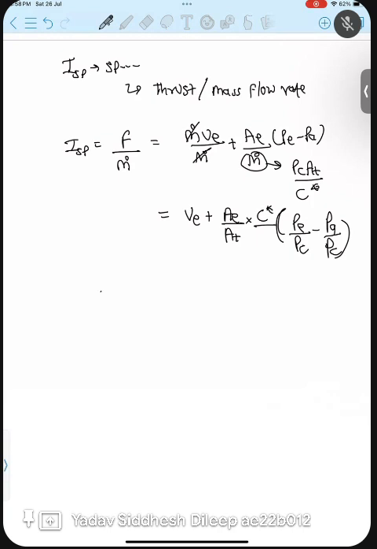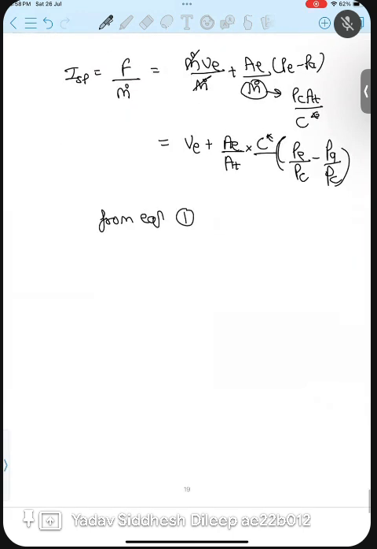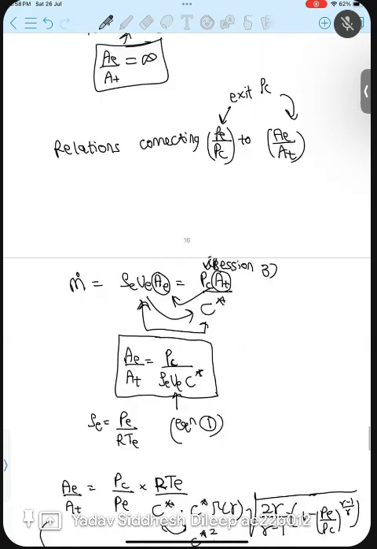And from equation 1 we can write ISP. Equation 1 is basically getting the exit velocity here.